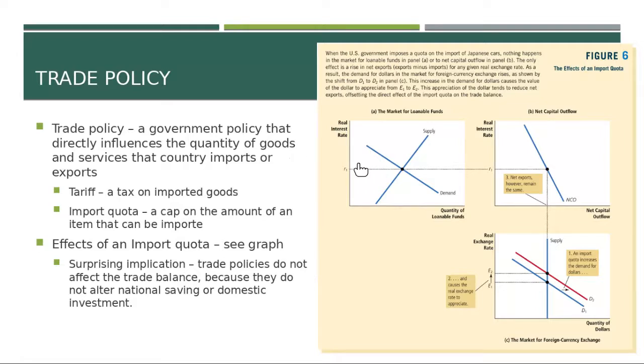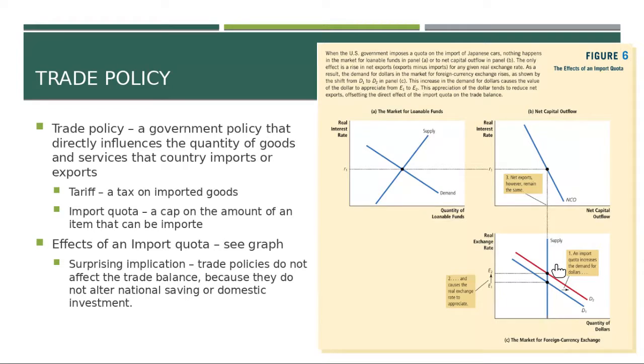So if we look over here at the market for loanable funds, we find our real interest rate is determined by the supply and demand intersection, which traces over to determine our net capital outflow, which in turn traces our supply in the foreign exchange market.